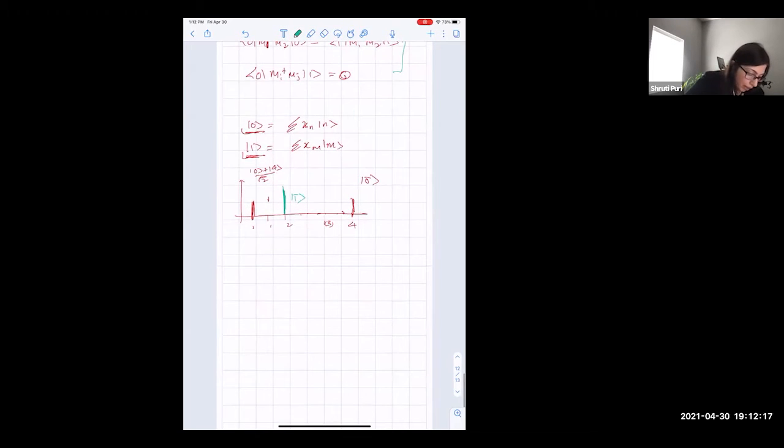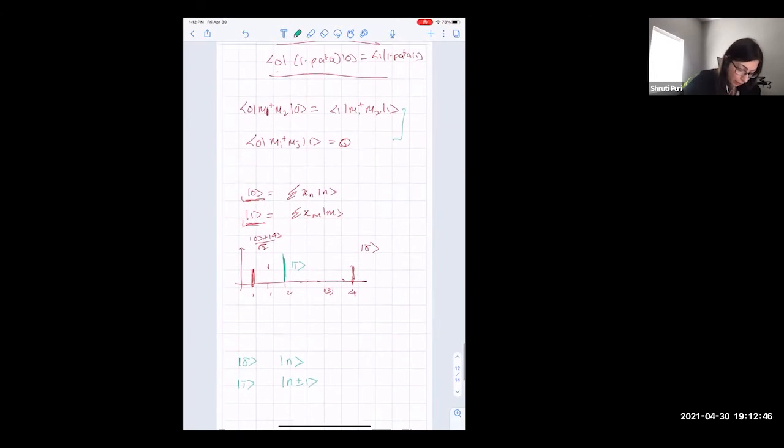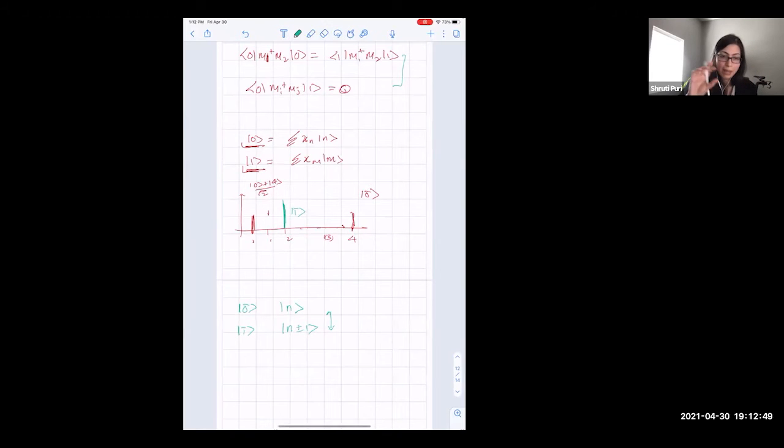That means that if the logical state 0 has non-zero support over a Fock state n, then 1 bar cannot have support on Fock state n plus or minus 1. If these two conditions are satisfied, along with the fact that you have the same average photon number in the two states, then your error correction criteria is going to be satisfied. And the smallest code to do this is the code that I wrote before, the 0 plus 4 and 2 encoding.